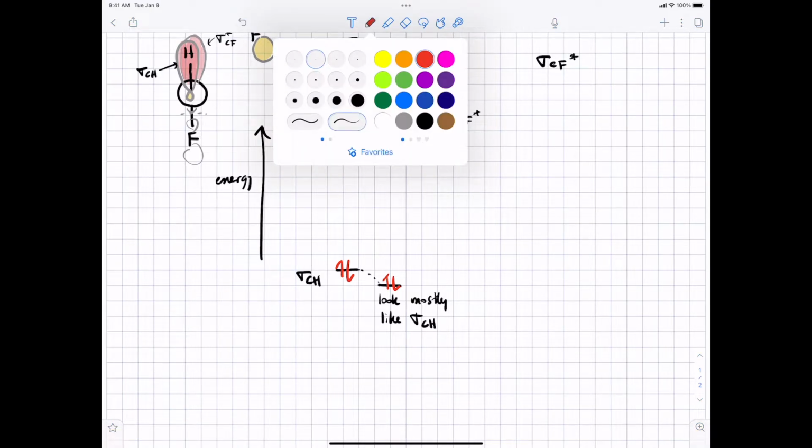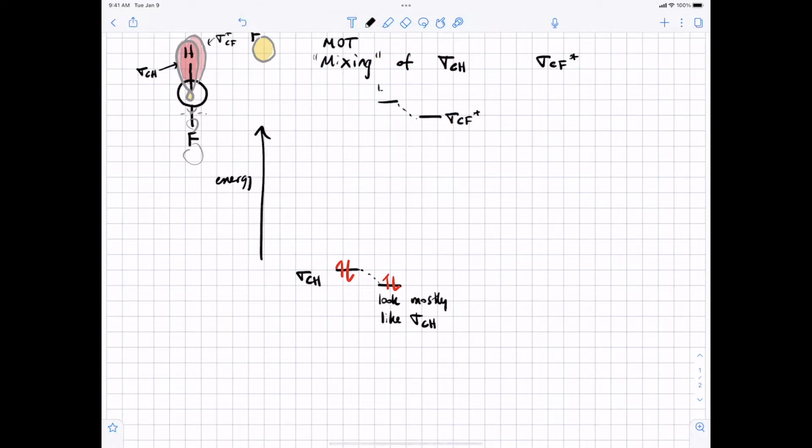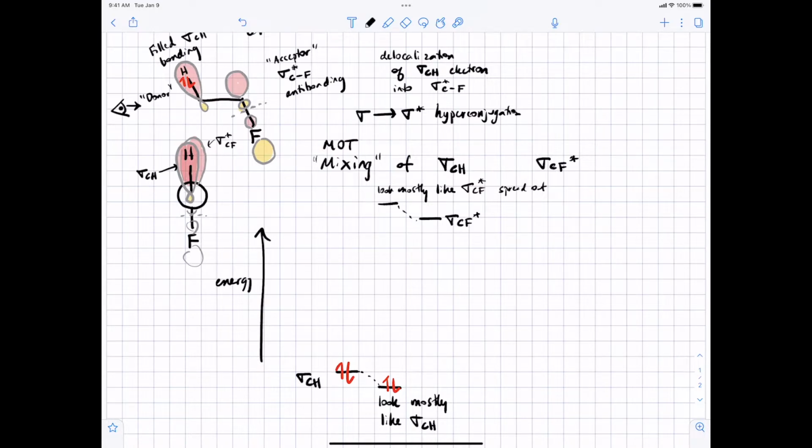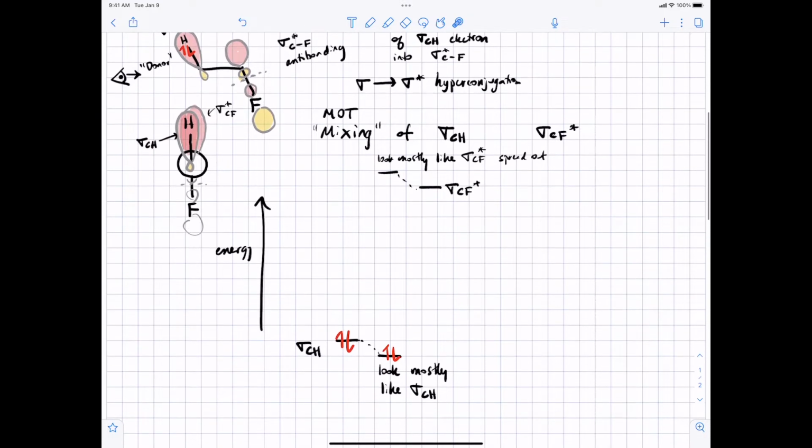Similarly, your minus combination is still going to look mostly like the carbon-fluorine sigma star, only spread out a little bit. So the consequences of hyperconjugation are that the electrons in the carbon-hydrogen bond spread out a little bit, and also the sigma star spreads out a little bit onto the neighboring proton.